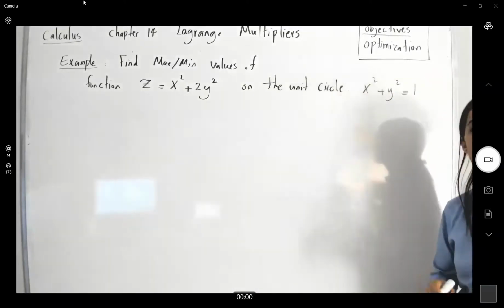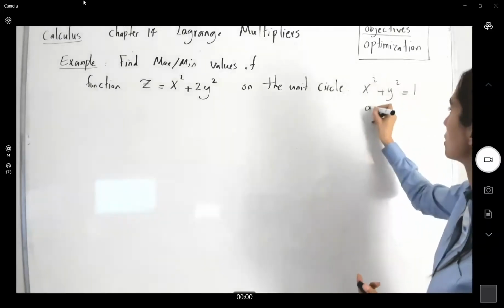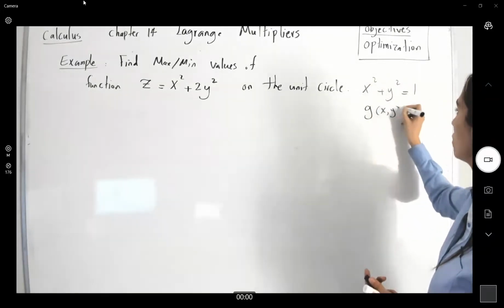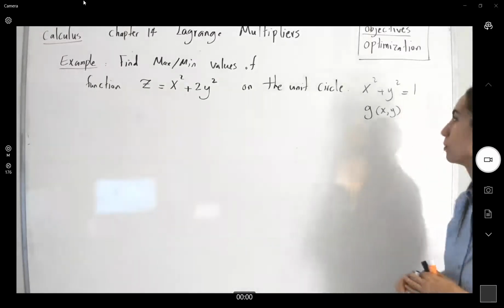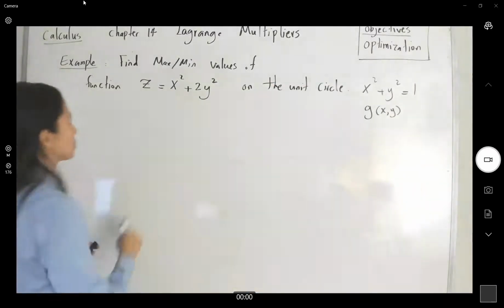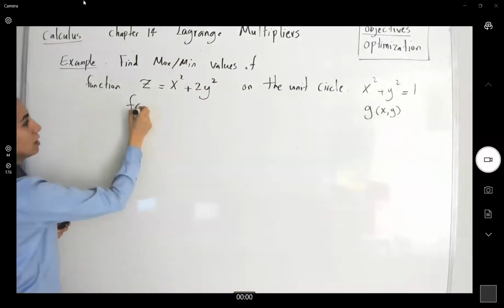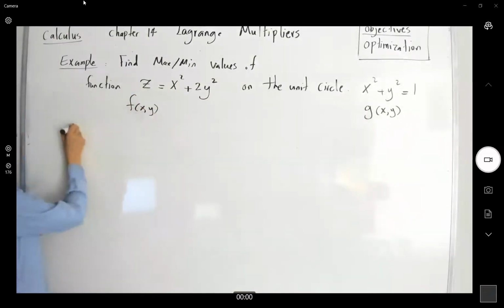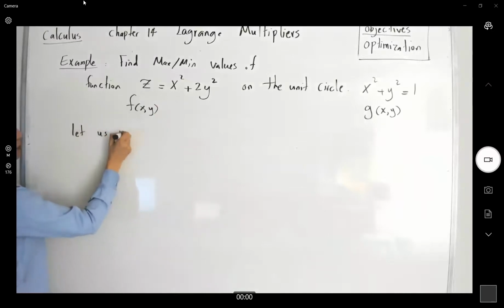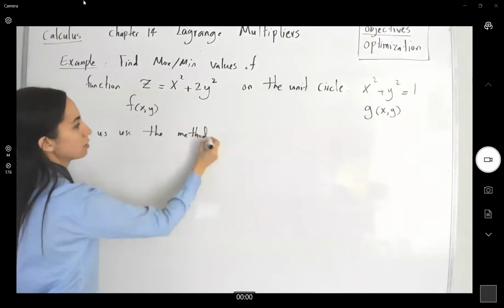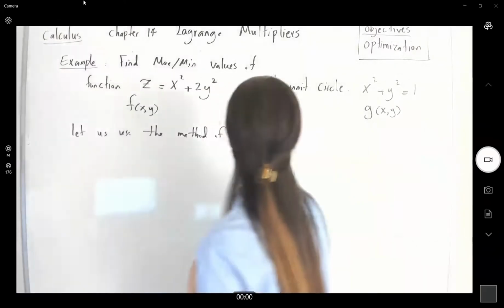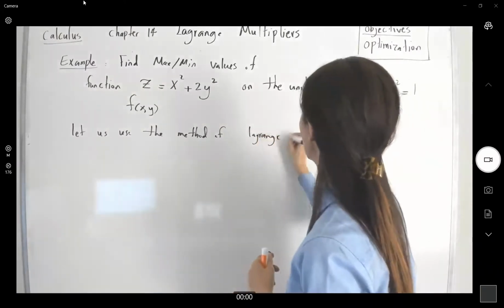Since this equation is defined, let us use it as g of x and y, which is x squared plus y squared minus 1 equals 0. So this is my function f of x and y. Let us use the method of Lagrange multipliers.